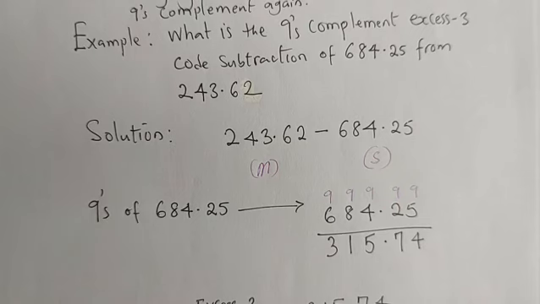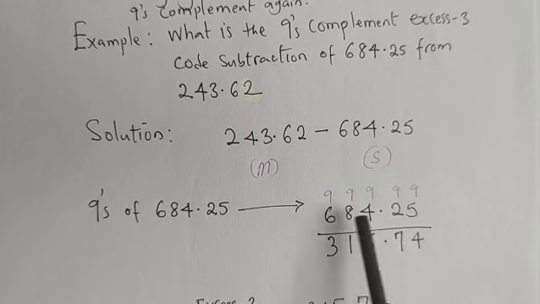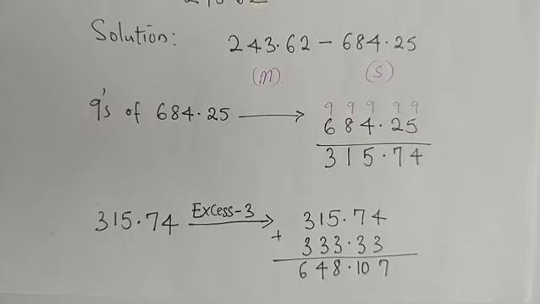Alright, so the next step will be to take the excess 3 code for this result. Taking the excess 3 code for this result, it's going to be 315.74, the excess 3 code. So that would mean to add 3 to each and every digit in this number.